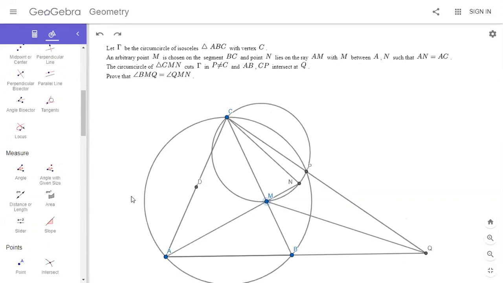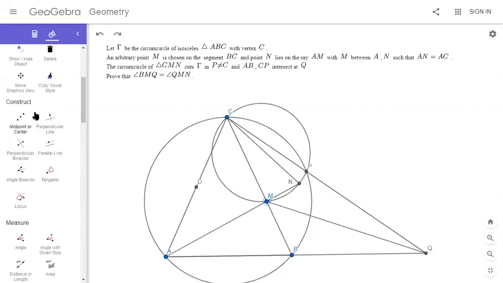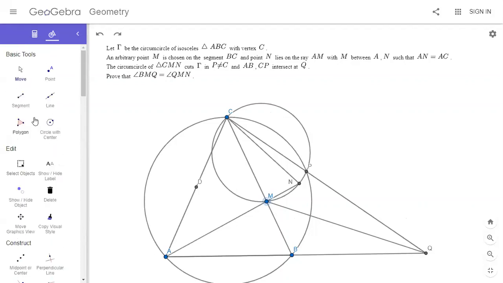Maybe we let MQ intersect the circumcircle of PMC, and then we know A, B, M at this point are concyclic. Okay, I'm going to try that.